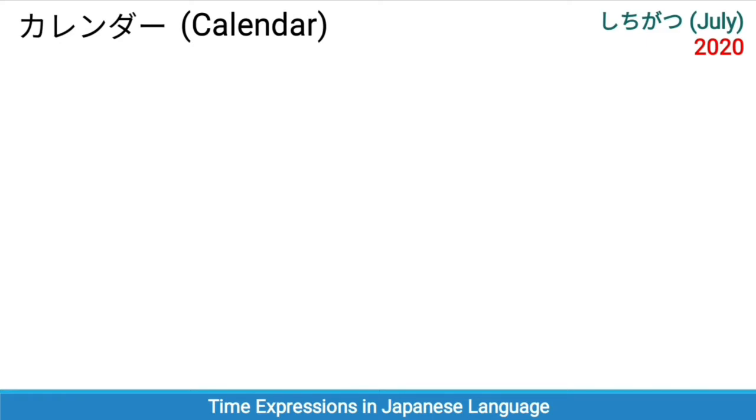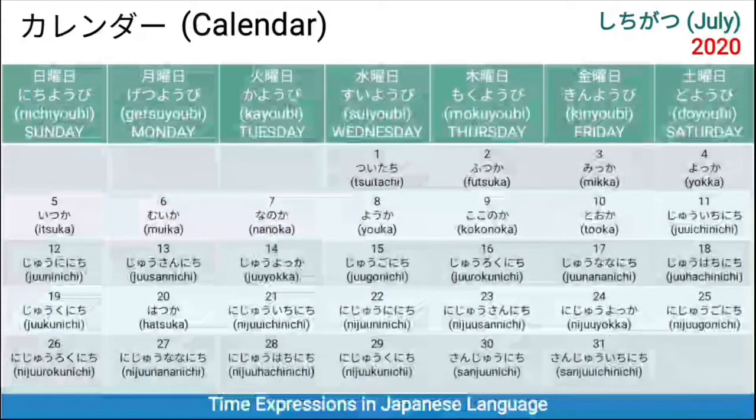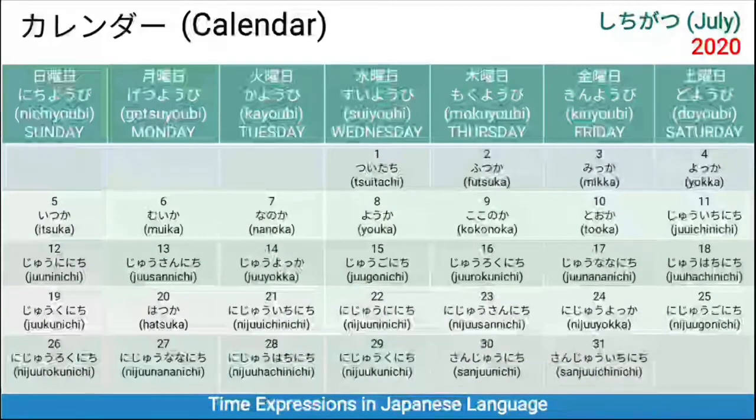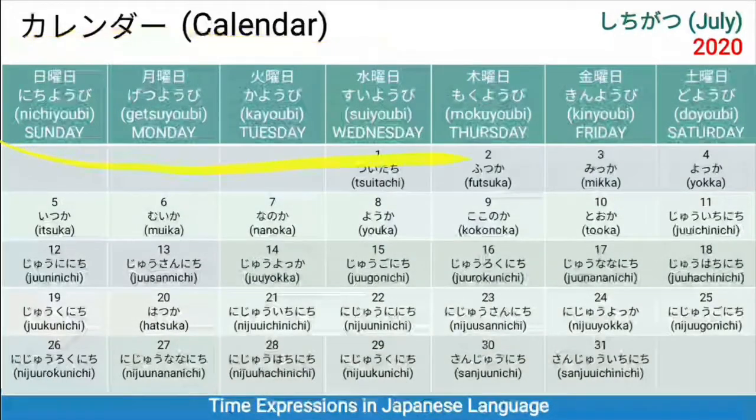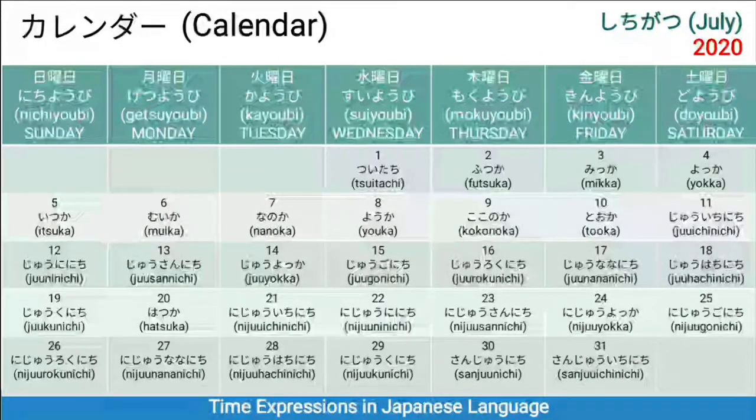As an example, I want to use the current month. We have here the calendar. As you can see, we have the days of the week, Sunday to Saturday. The second row up to the 6th row are the days of the month.